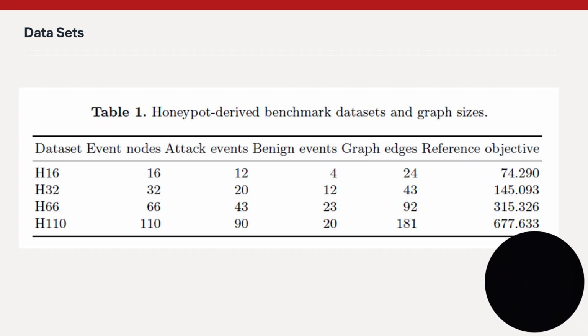We're going to be using a total of 4 data sets for these calculations with respectively 16, 32, 66, and 110 nodes total. This table summarizes the breakdown of those data sets. For example, the 110 node data set contains 90 DDoS attack events and 20 benign events.